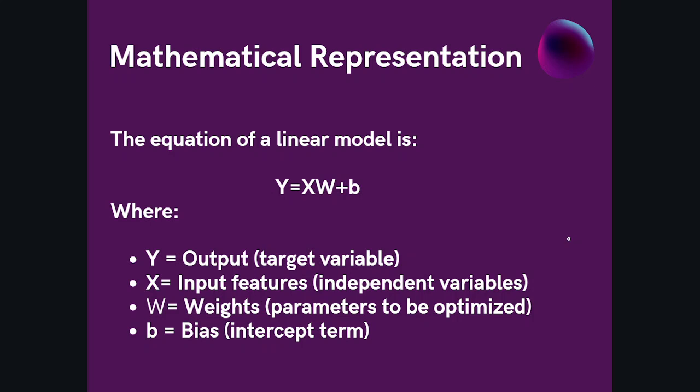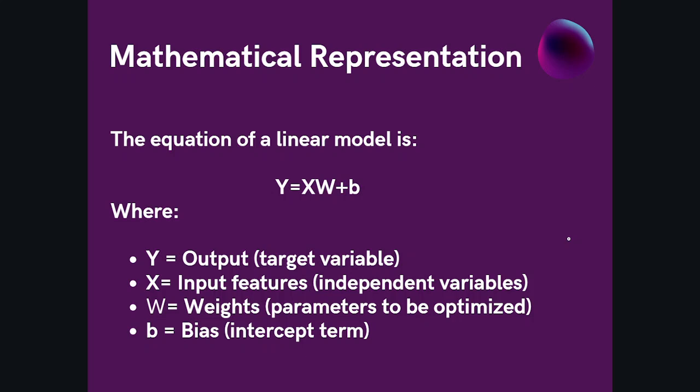Here y is the output target variable, x is the input features, the independent variable, and w is the weights. We are going to see what w actually means, with intuition, in the next slide. And b, the bias, is the intercept term.